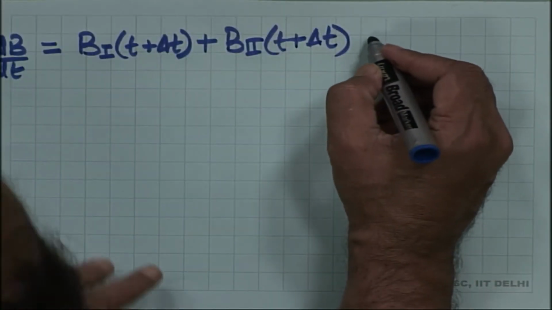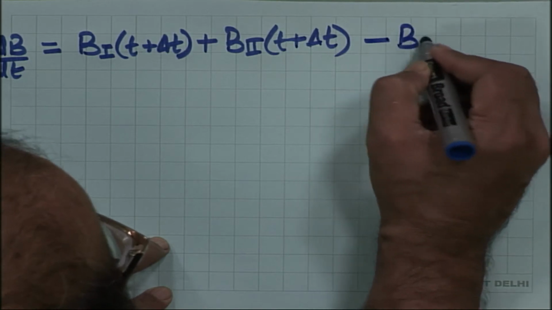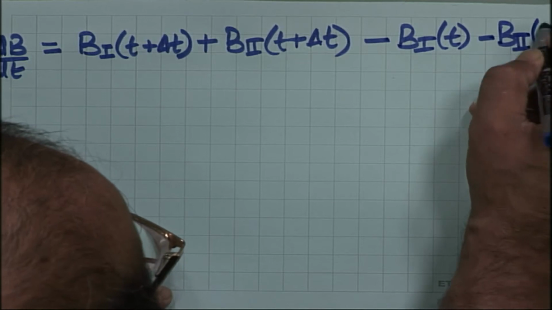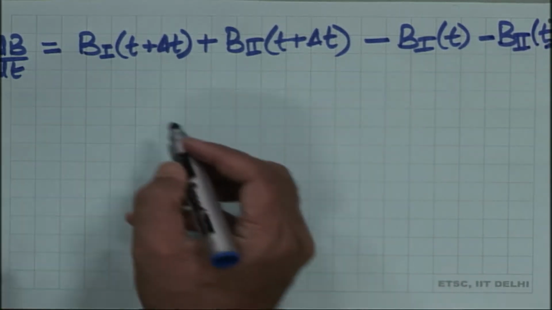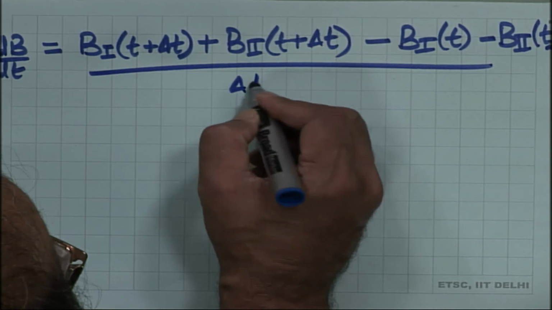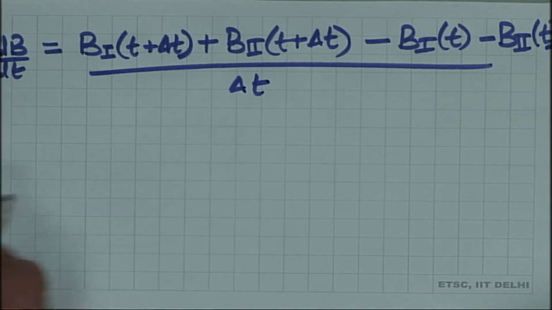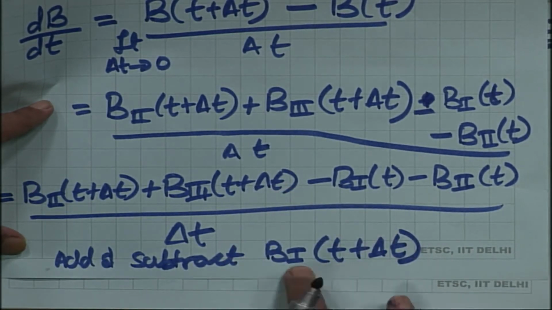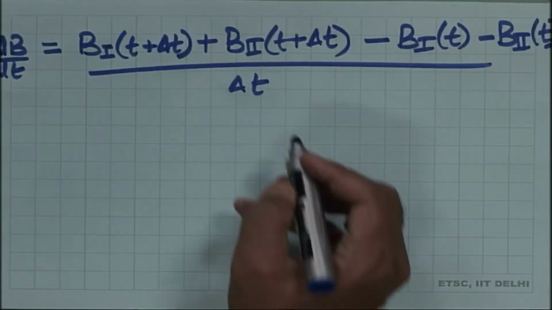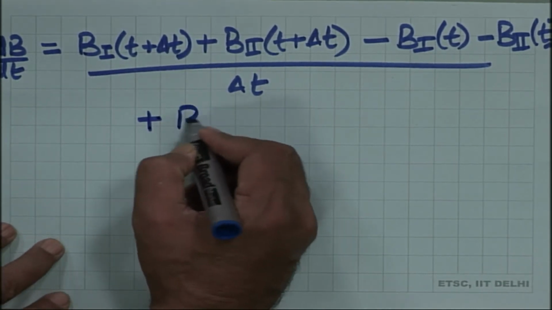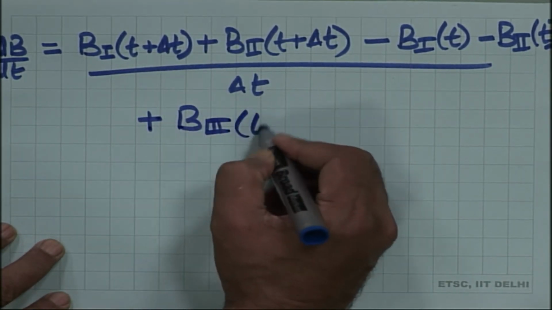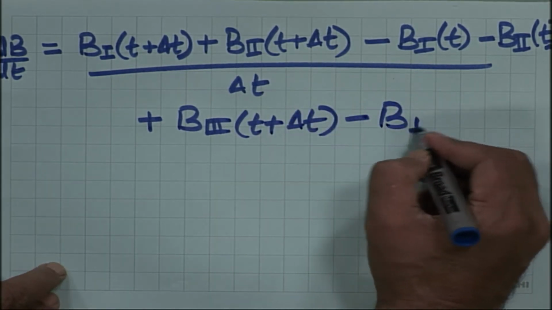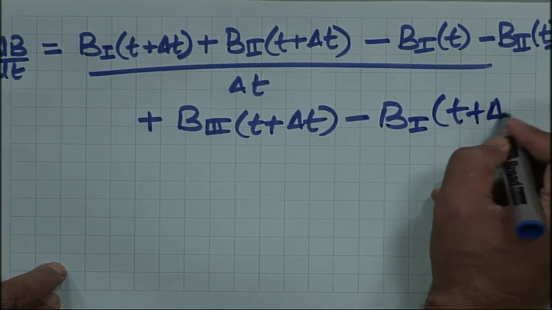Then from here I will subtract B1 at t minus B2 at t. These other 3 terms are already there, divided by delta t, and to that I will add B3 at t plus delta t, which was already there, and I have to subtract B1 at t plus delta t. So, then I will get plus B3 at t plus delta t minus B1 at t plus delta t.